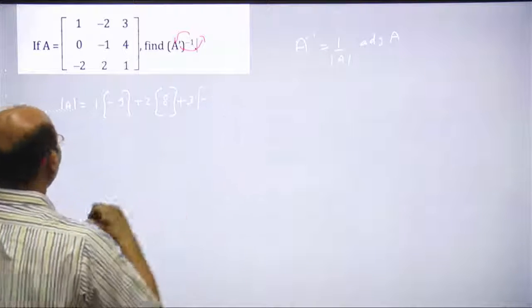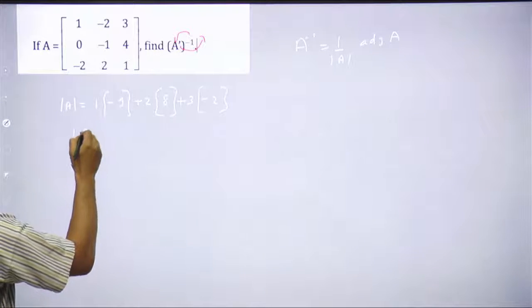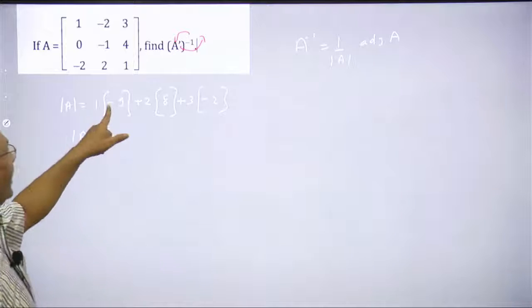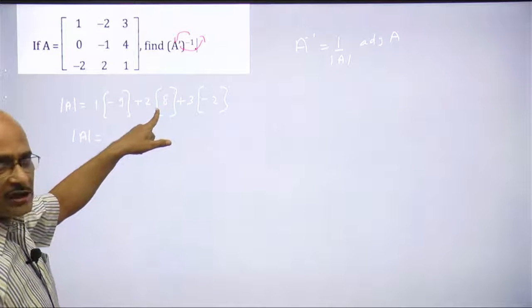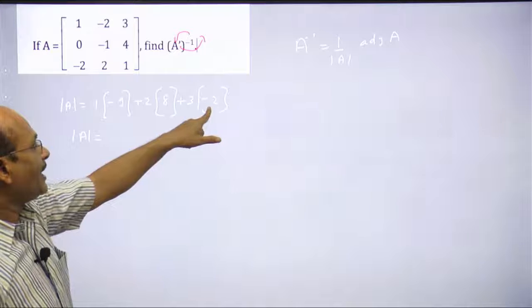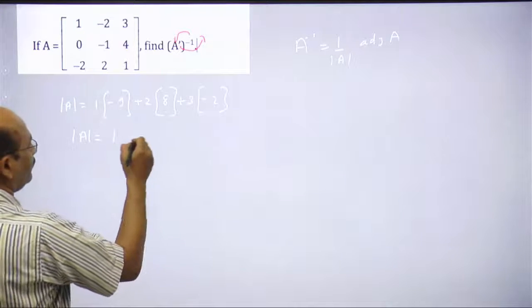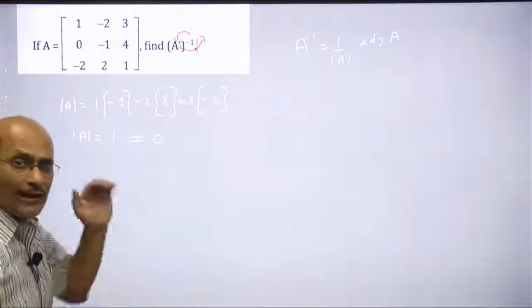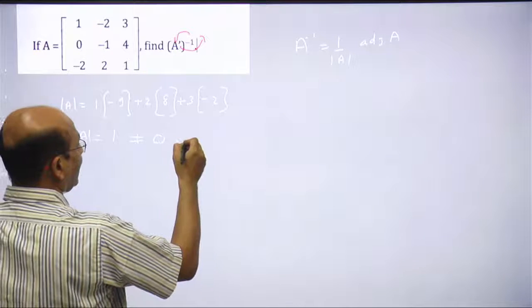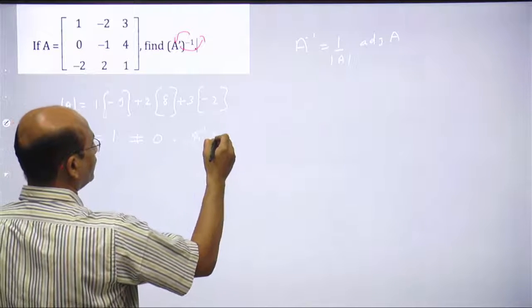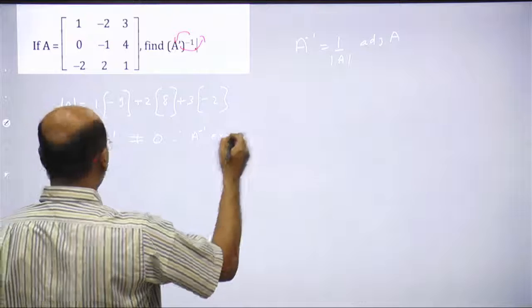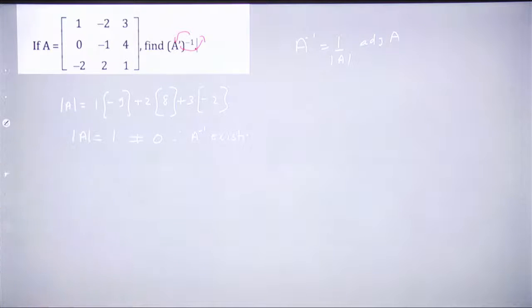Be careful. So determinant A happens to be, in this case, minus 9 plus 16, that is 7, 7 minus 6, answer is 1, which is not equal to 0. You have to mention that. Therefore, I can say A inverse exists.